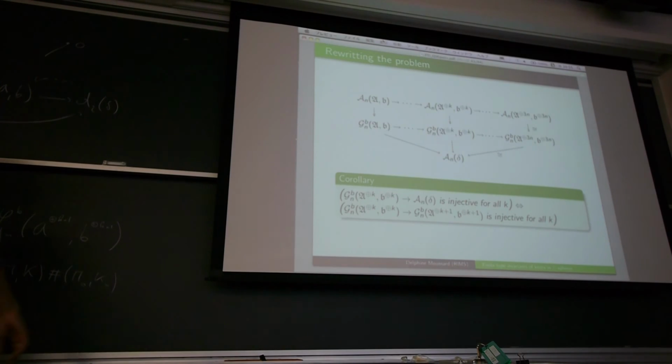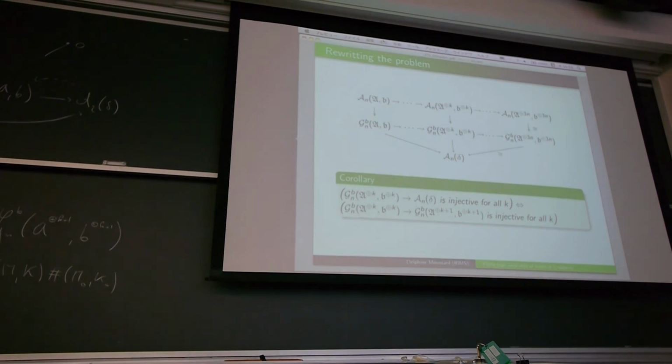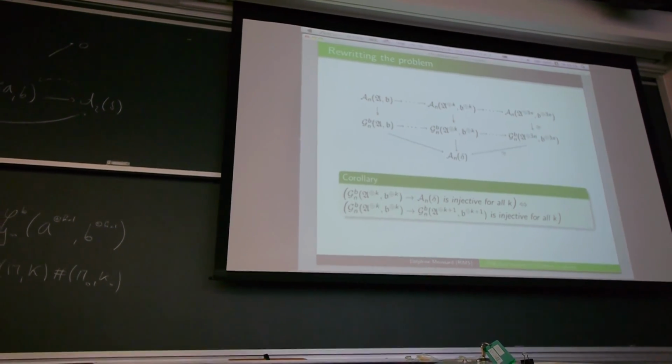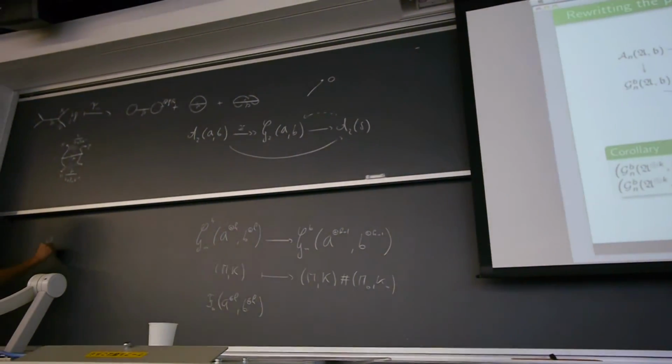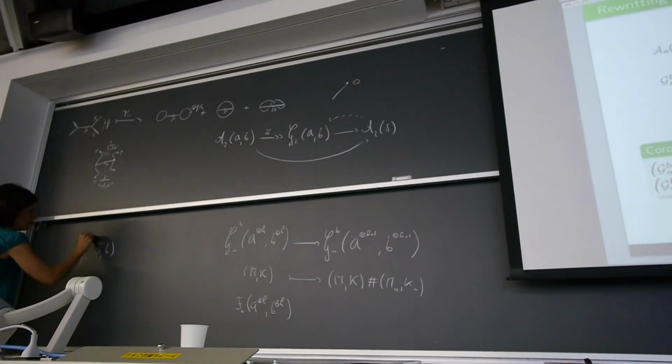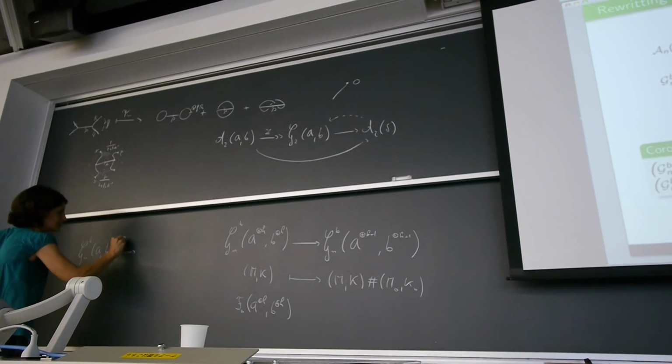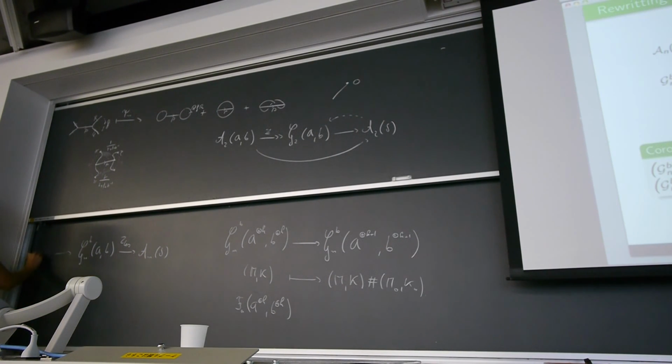If we have a look at our initial problem, so we have the Lescop invariant there. And here we have AB.